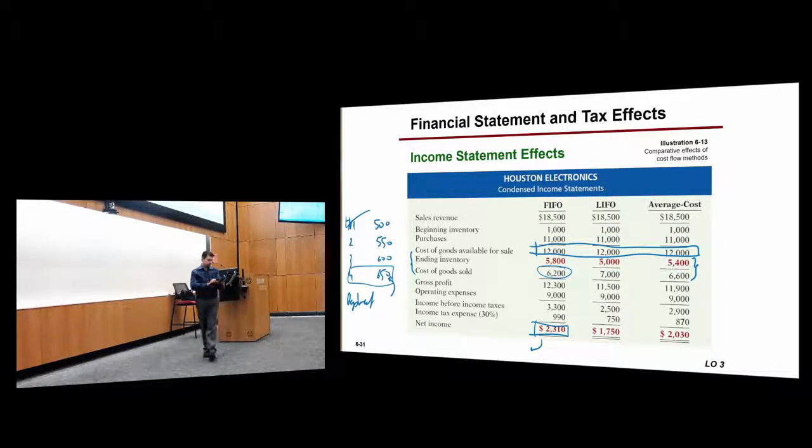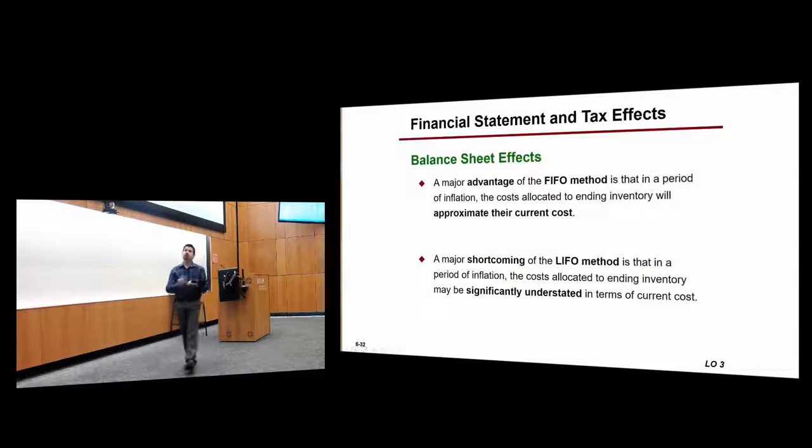The balance sheet effect, again, is what we just mentioned: FIFO would leave as ending inventory the closest to the actual cost the company would have to pay to replenish or replace their sold inventory.